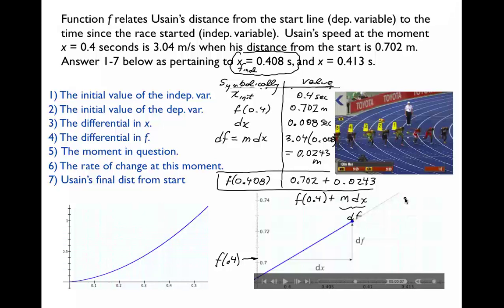The final value of a quantity is the initial value plus the change. The final value of the quantity is the initial value plus how much it changed, and we can calculate how much it changed using constant rate of change, m dx. And what do we get?